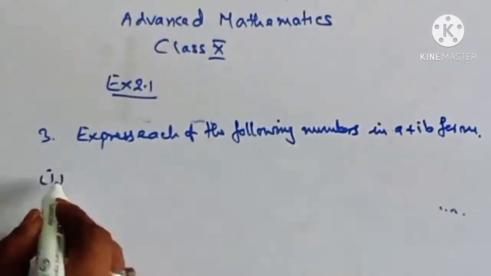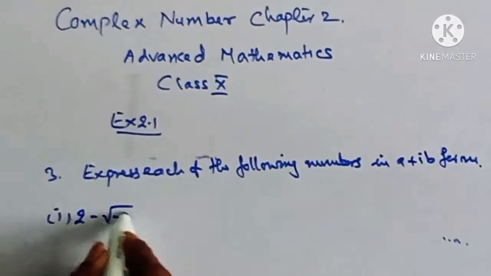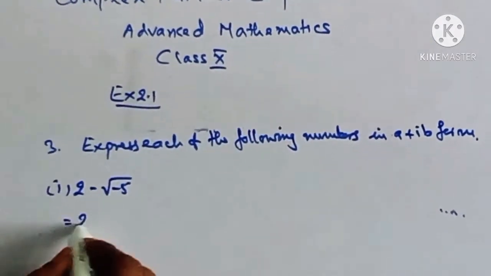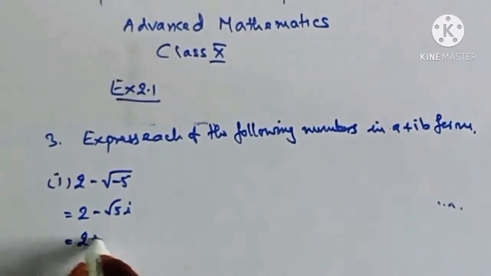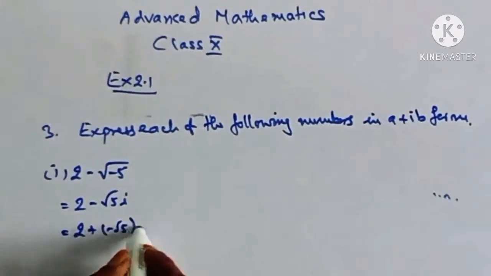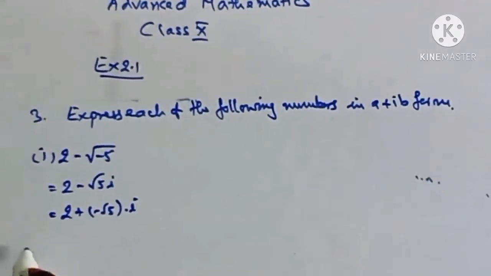First, 2 minus root minus 5, so this will be 2 minus root 5i, so this will be 2 plus minus root 5 into i, a plus ib form.